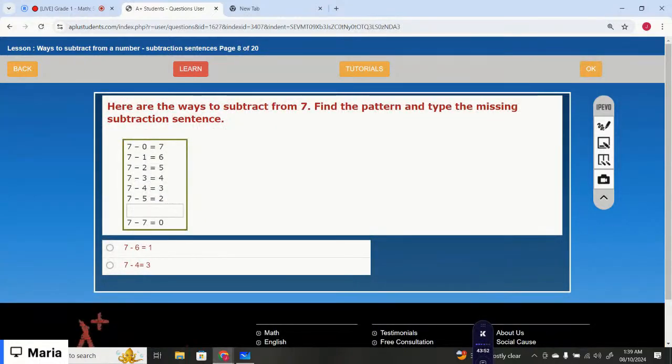Here are the ways to subtract from 5. Find the pattern and type the missing subtraction sentence. So, which is the correct option?